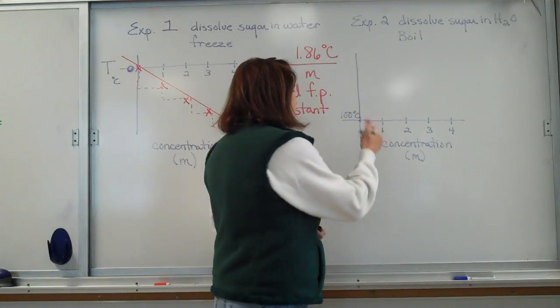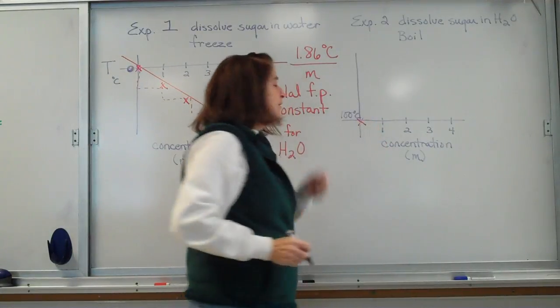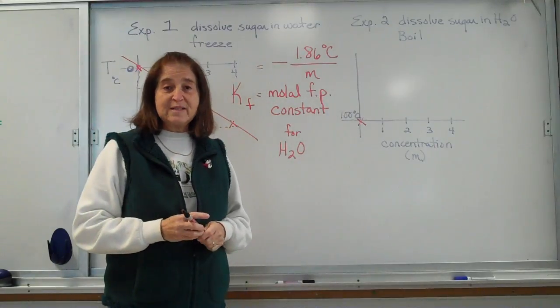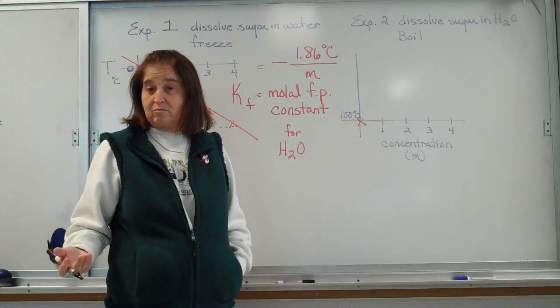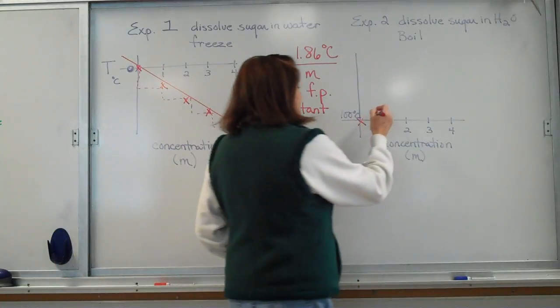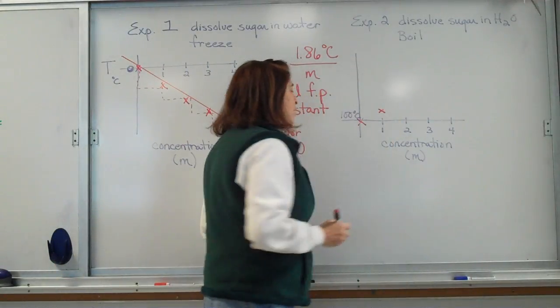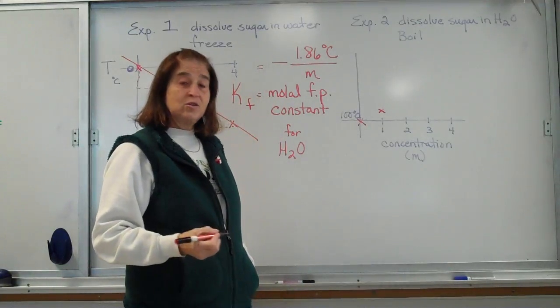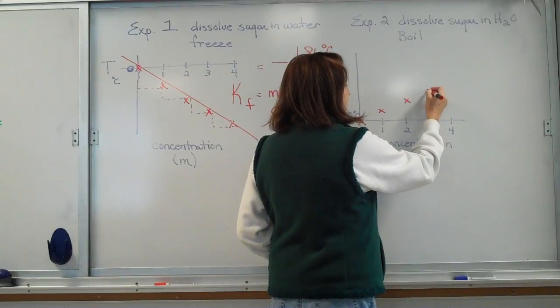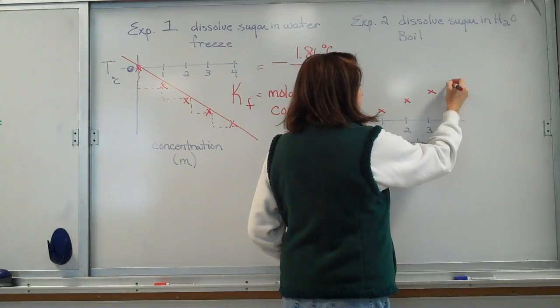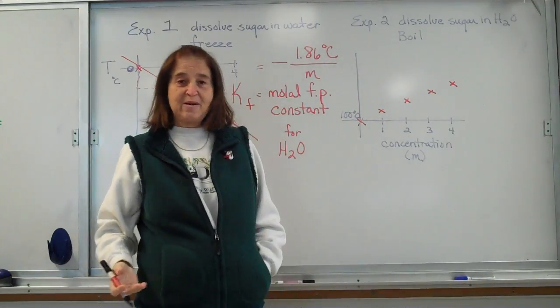Pure water, 0 concentration, boils at 100 degrees Celsius. If you make the solution 1 mole, then the boiling point goes up. 2 mole, 3 mole, 4 mole, and you see the pattern.